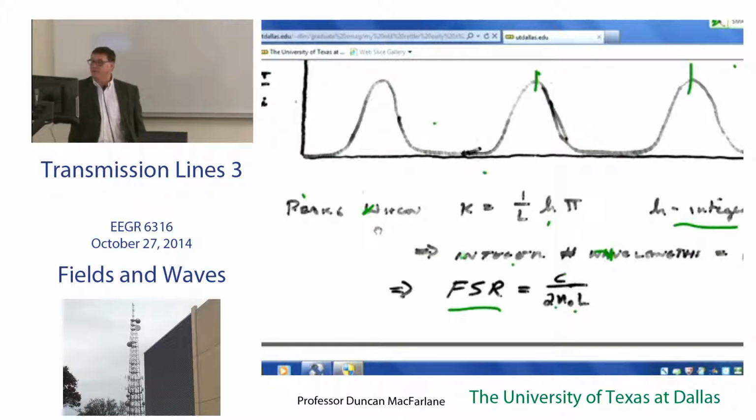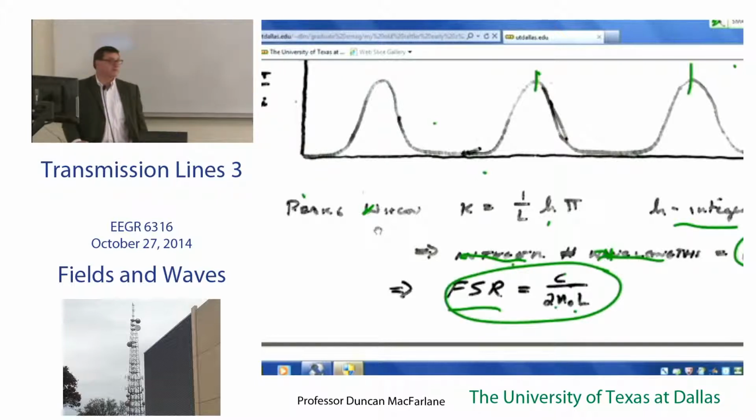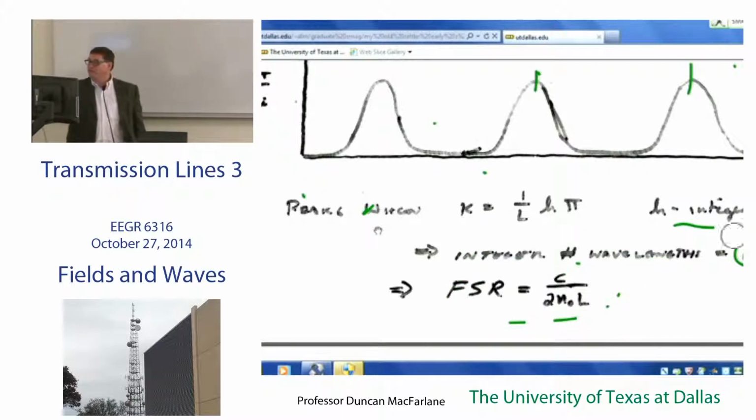So when an integer number of wavelengths fits in L, I have this free spectral range. And that's sort of your classic presentation of your Fabry-Perot etalon.